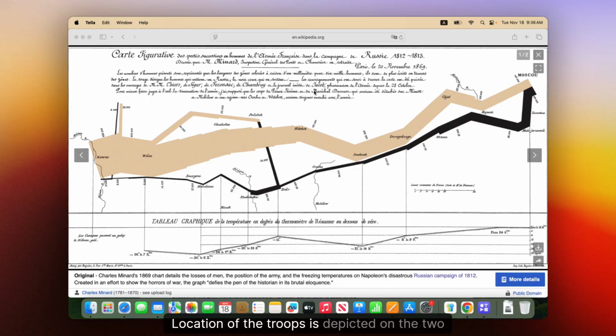Location of the troops is depicted on the two-dimensional surface, so latitude and the longitude. Two more variables. And finally, the freezing temperatures of Russian winter, mapped to the movement of retreating troops on various dates.